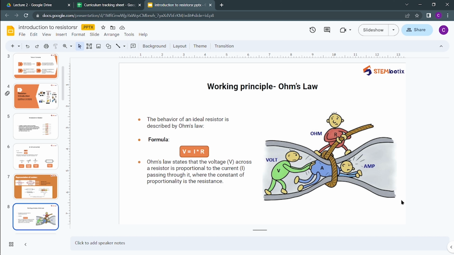This is the main drawback of series connection. As you can see here, the current flowing through each and every component is the same because the current has no other path to flow through. If a fault occurs in this section or this component, the current will not be able to go beyond it.